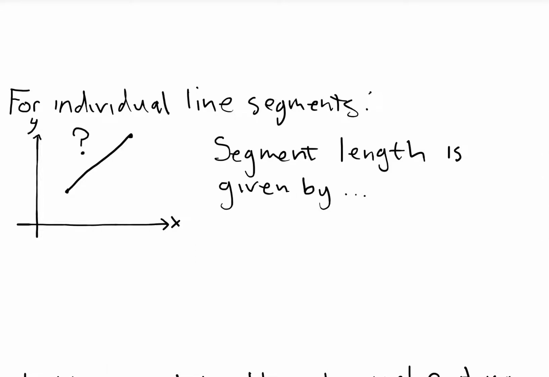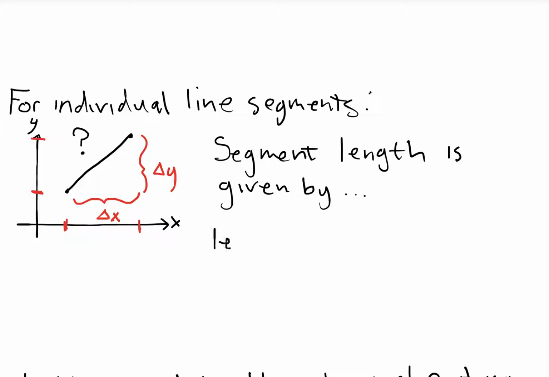Well, the idea is that if you can break down the distance in x values, which I'm going to call delta x, my change in x from my left endpoint to right endpoint, and the distance in y values, it would almost be like I'm building a right triangle, and then I could use the Pythagorean theorem to solve for that side that I've marked with a question mark.